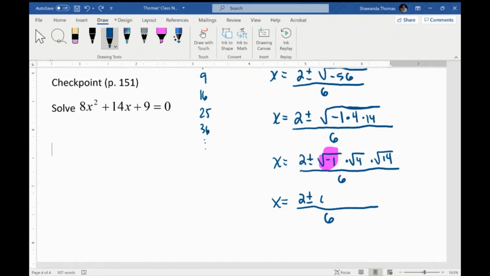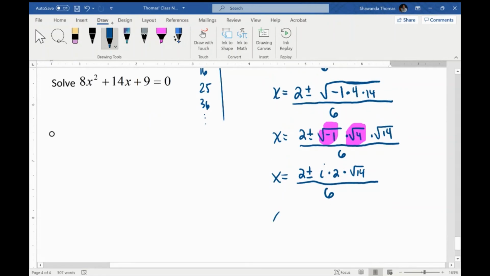Next, what is the square root of 4? 2. Is 14 a perfect square? No, it's not on our perfect square list. So what we have is 2 plus or minus 2i times the square root of 14, over 6.